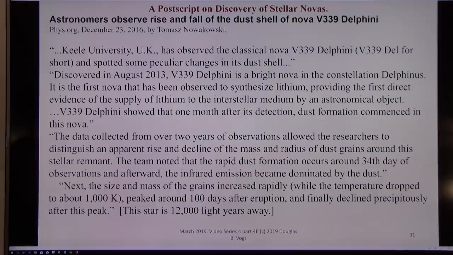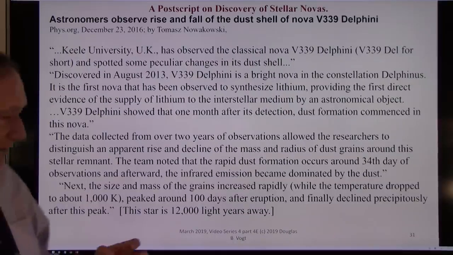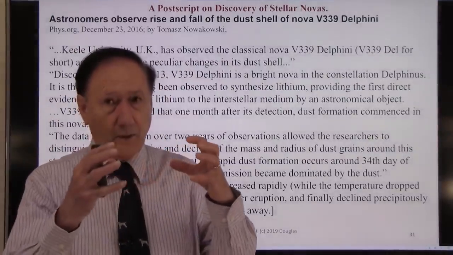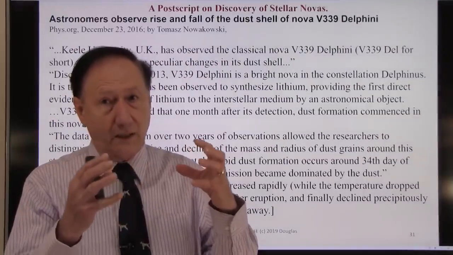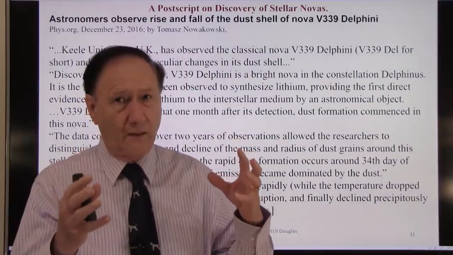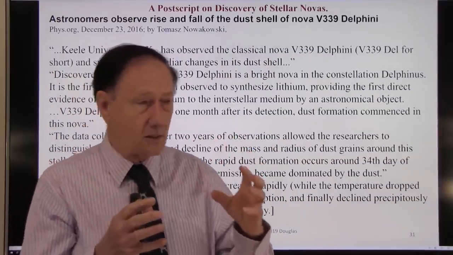V339 Delphinia shows that 1 month after its detection, dust formation commenced in this nova. In other words, when the star first novas, they probably just see this star getting bigger and bigger, not realizing they're really looking at the dust shell. When it got big enough, then they realized, okay, we got a dust shell. They probably saw the star in the middle of this thing.